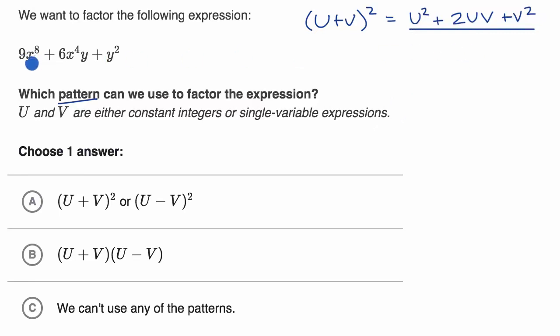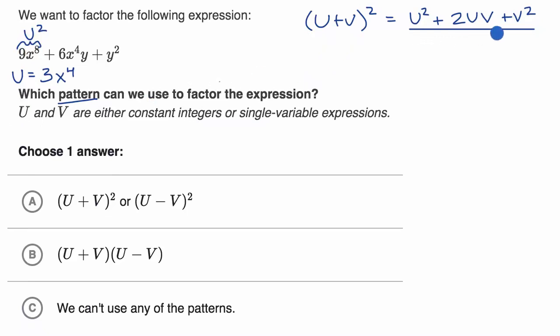How can it have this form? Well, if we view u squared as 9x to the 8th, then that means that u, let me write it as a capital U, is equal to 3x to the 4th. Because notice, if you square this, you're going to get 9x to the 8th. So this right over here is u squared.